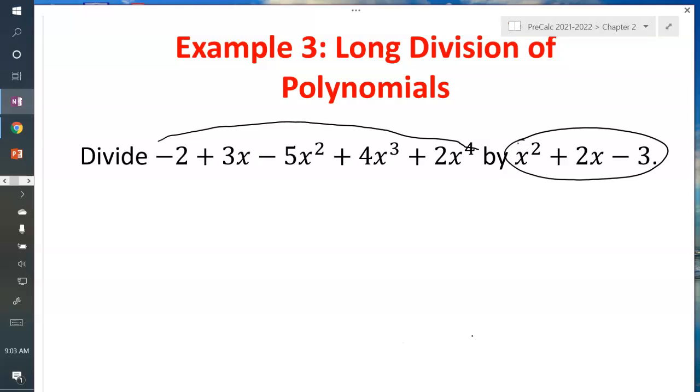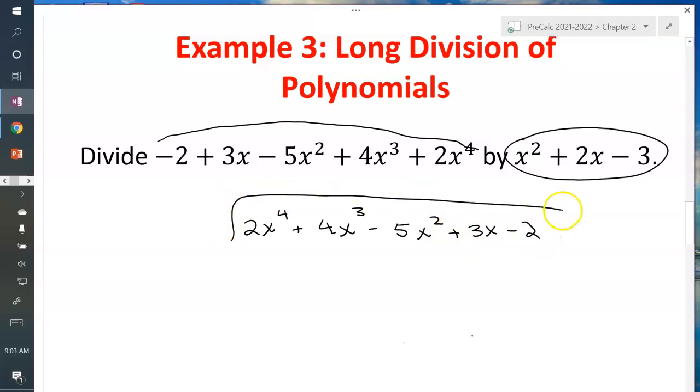It's just fine. So let's rewrite 2x to the fourth plus 4x cubed minus 5x squared plus 3x minus 2 and x squared plus 2x minus 3.